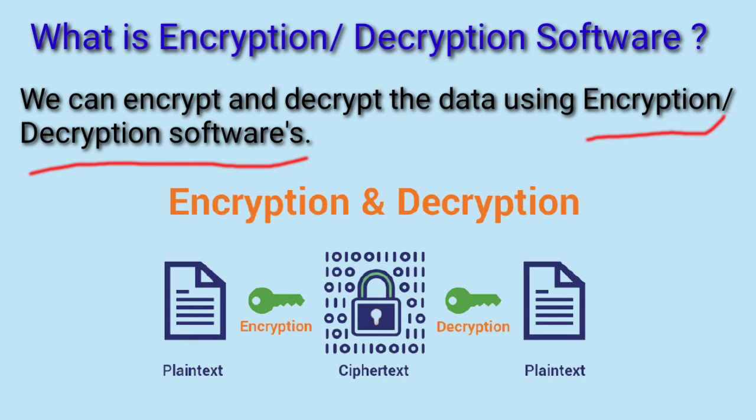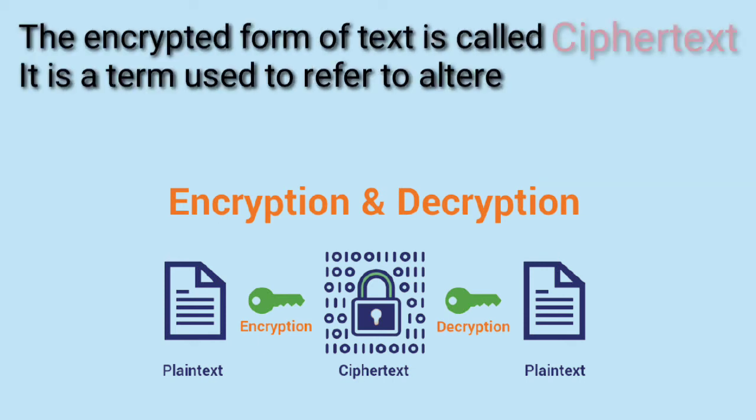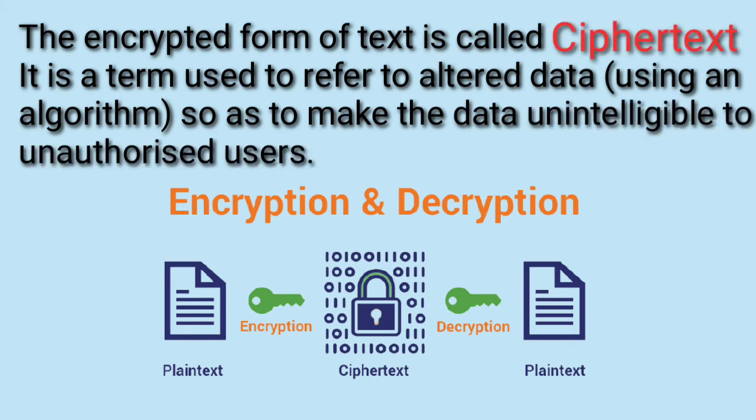The format of the text which you get after encryption is called ciphertext. Ciphertext is a term used to refer to data which is encrypted using some kind of algorithm technique, so that it is not readable by any unauthorized person.